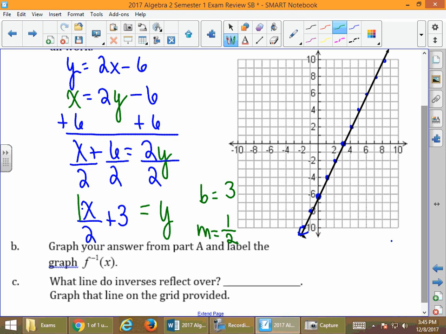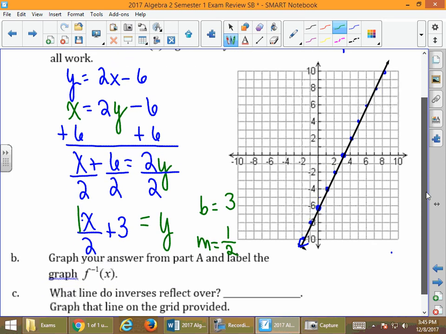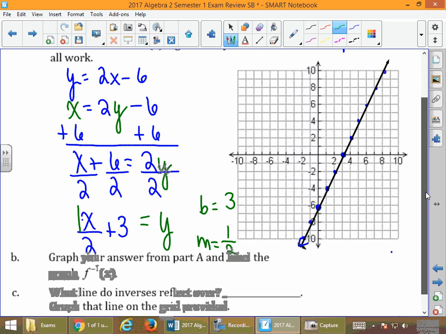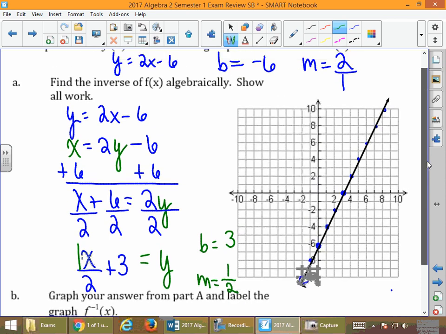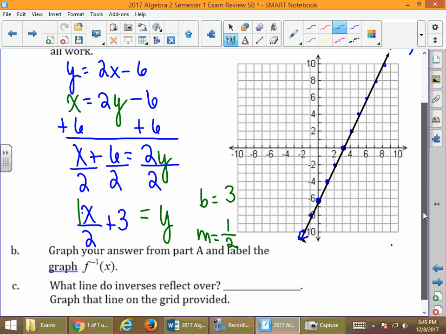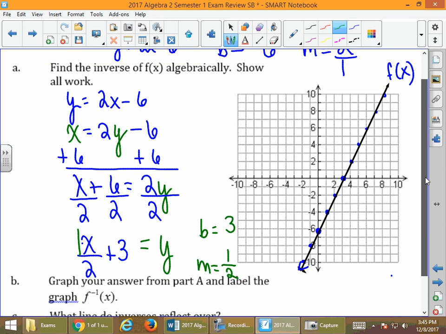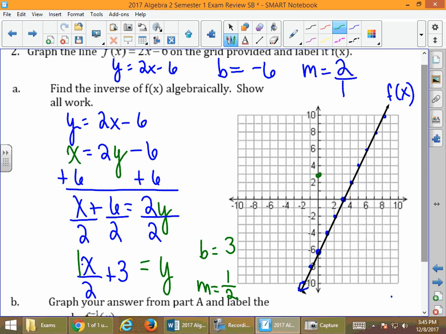And part B says that we want to graph the answer from part A and label it f of x. So I'll go back here and put f of x in here, and when we label our inverse, it's going to be f to the negative 1 of x. There's that symbol that we saw back on problem 1a. b equals 3.